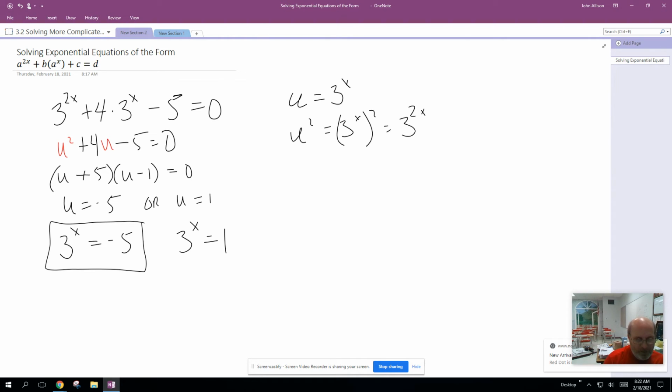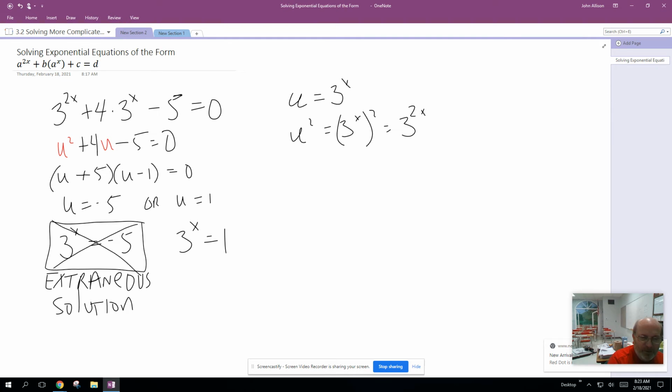If you raise it to the 0 power, you get 1. If you raise 3 to a positive power, you get a positive number. So this is what's called an extraneous solution. If it was possible, it would solve the equation, but it's not possible in the real numbers. So this is referred to as an extraneous solution.